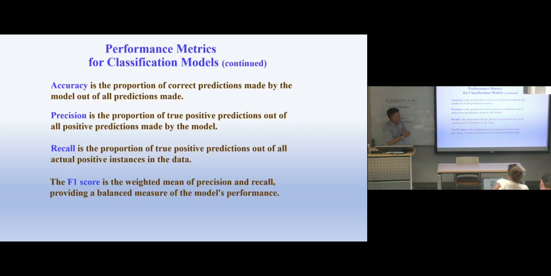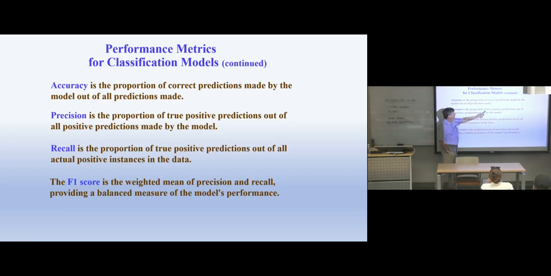Now, the metrics themselves: accuracy, precision, recall, and F1 score. Notice, accuracy is a blunt instrument. This is the number of correct predictions that you made out of all your predictions. It just groups everything together. It's good to look at it first, okay? Then I go to precision.